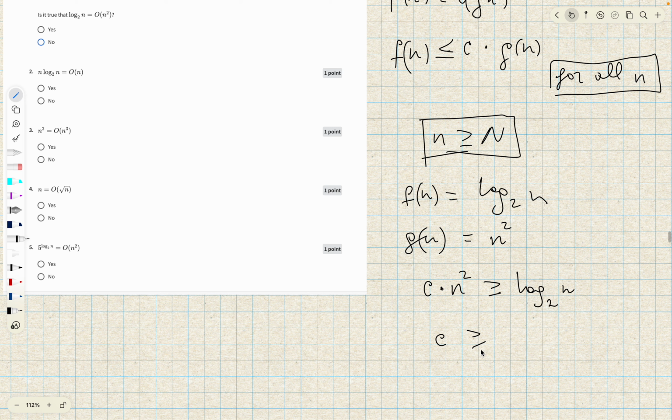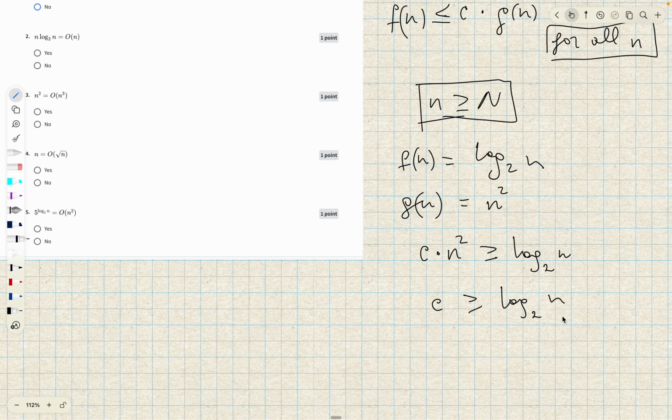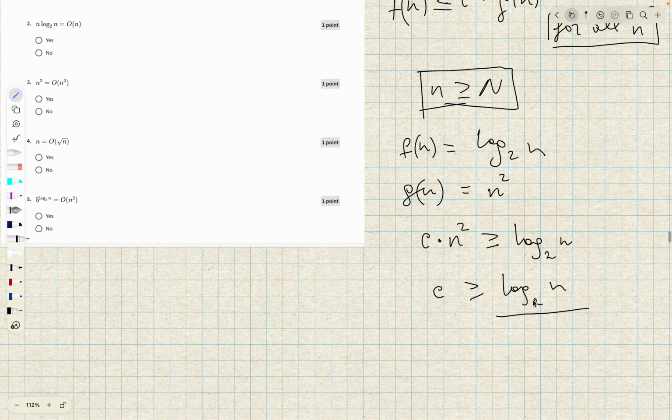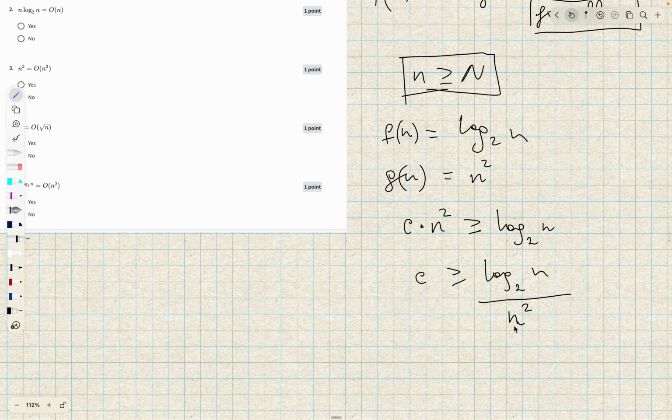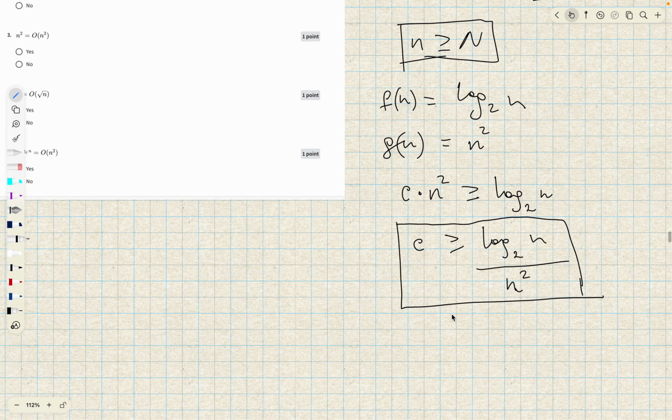So C is bigger than log 2n divided by n squared.